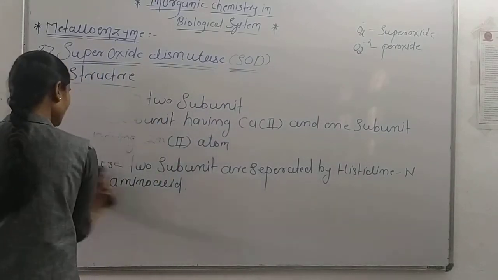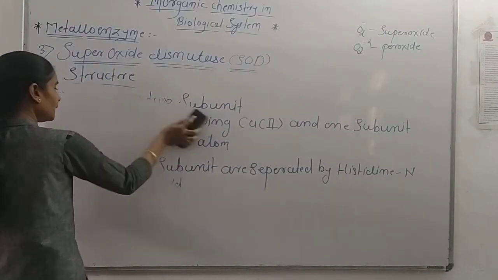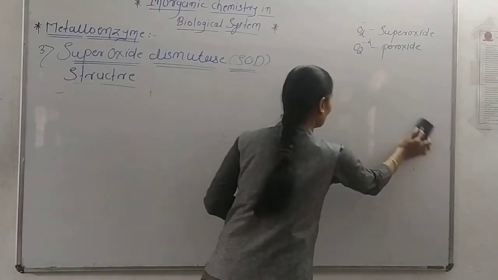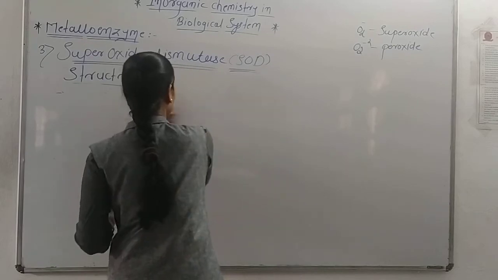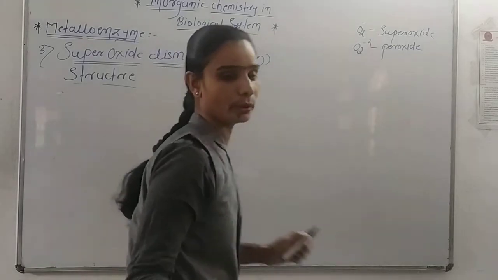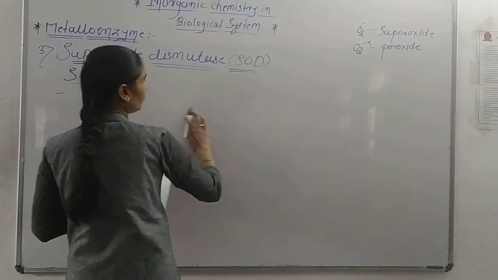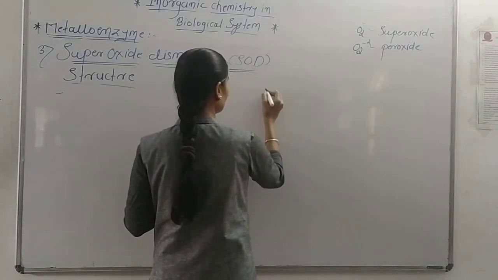Now just look at the structure and we get a clear idea about how the subunits are present in superoxide dismutase.